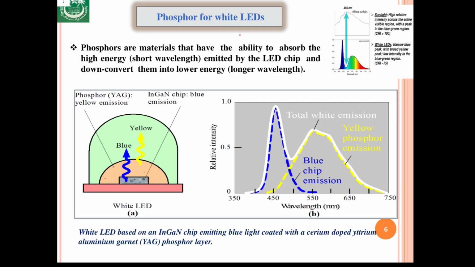So one basically requires phosphors. Phosphors are the materials that have the ability to absorb the high energy light emitted by some LED chip and down convert that into a lower energy or some other range of the visible spectrum.